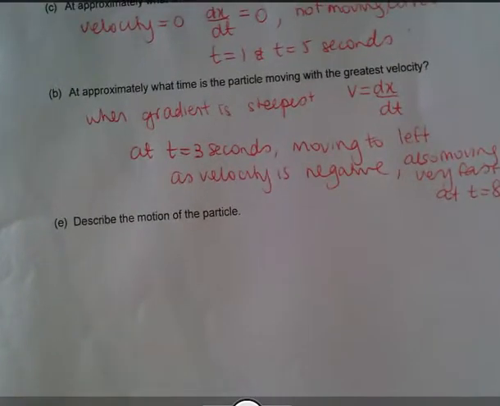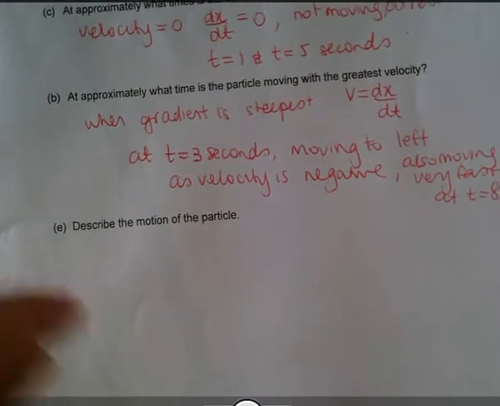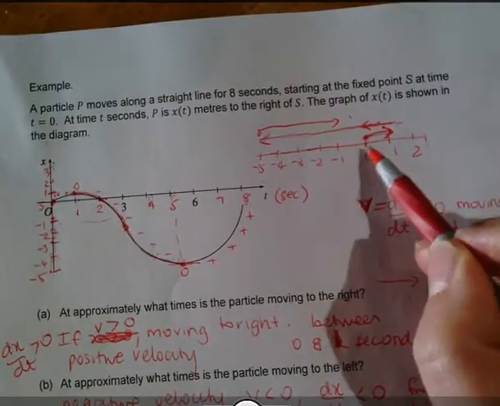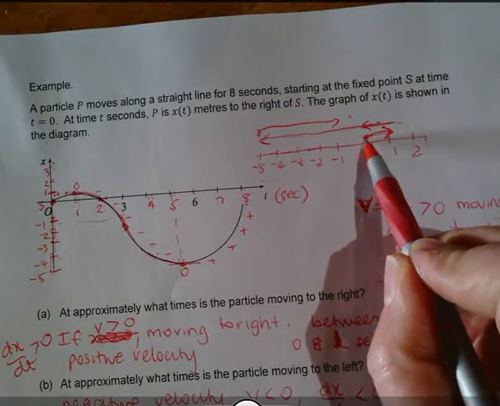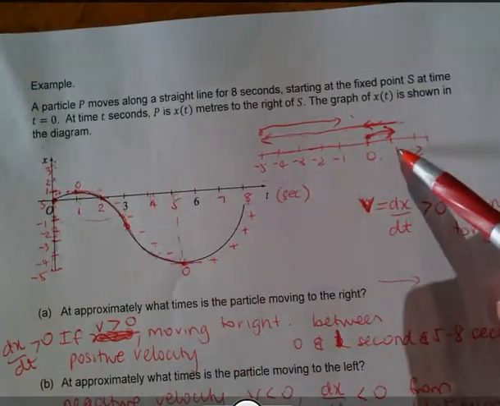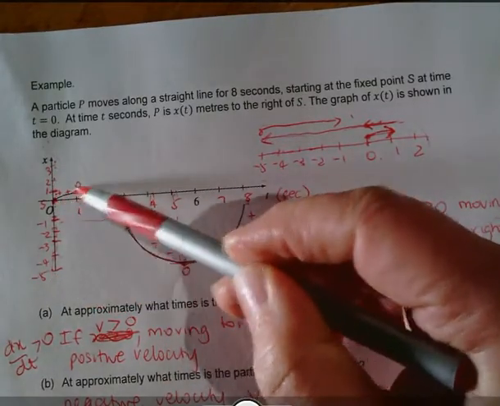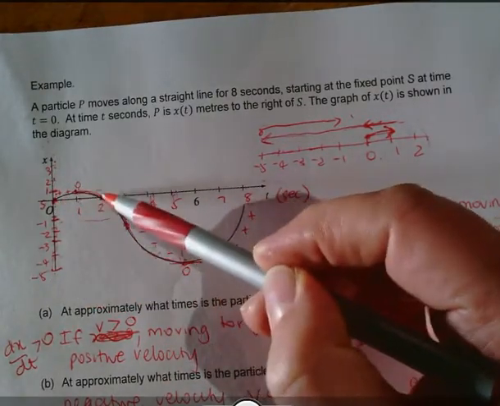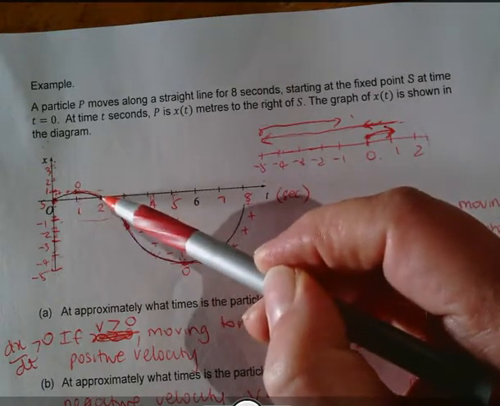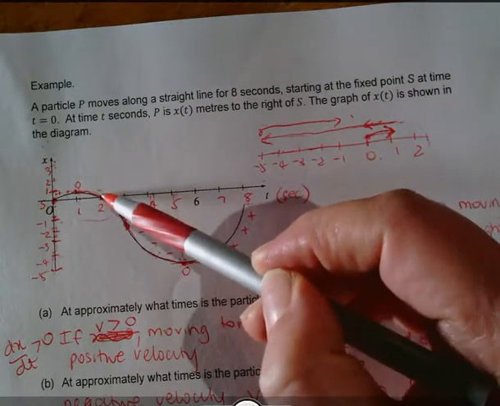Now it says to describe the motion of the particle. To describe the motion of the particle, what we did up here was quite good. We started at the origin and then we moved to the right for 1 second. We don't say where we finished because I've made these imaginary values here. And then after another second, it looks like we've turned around and moved back towards the origin, and we've reached the origin again.